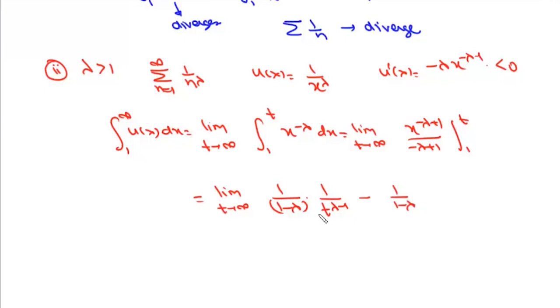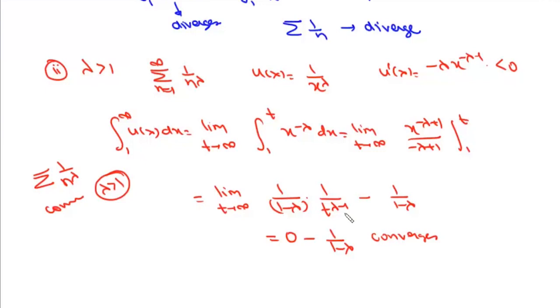Now since lambda is greater than 1, this power is positive, so it will be 0 minus 1 upon 1 minus lambda, which is finite. That means this integral converges. So this series 1 upon n to the power lambda converges when lambda is greater than 1.